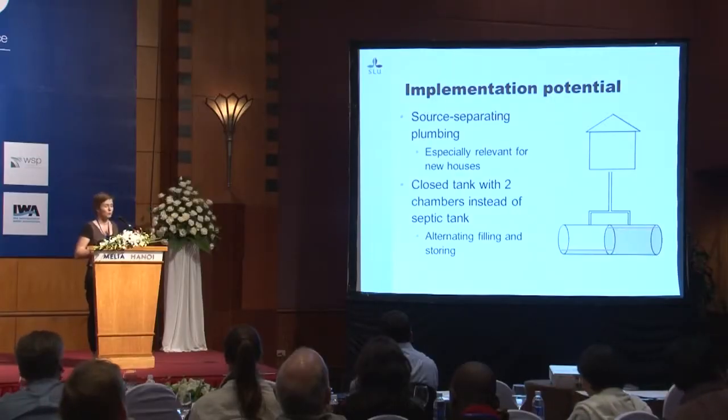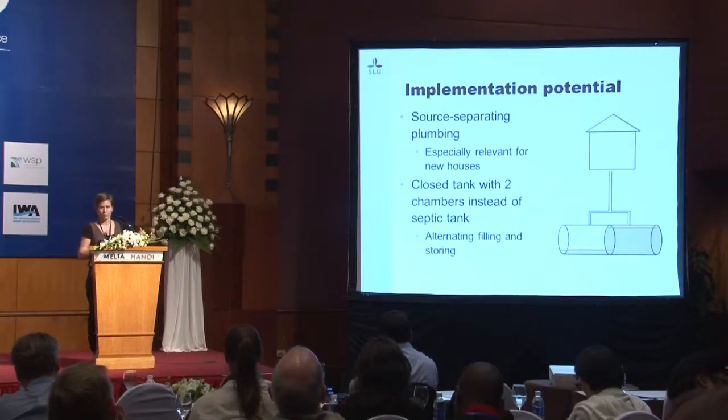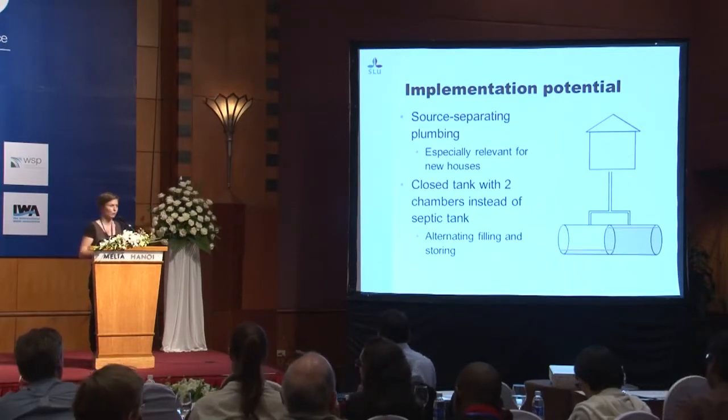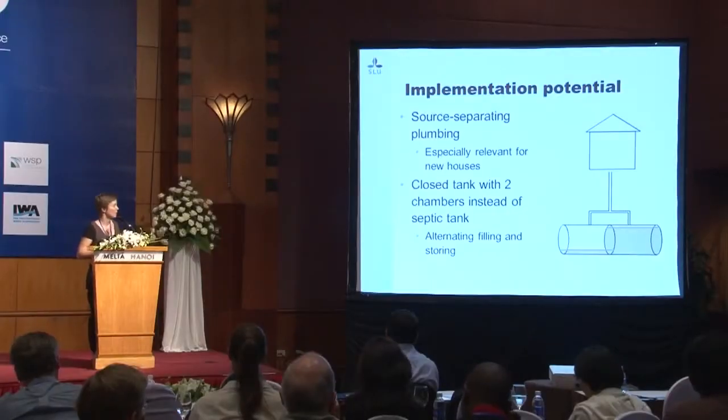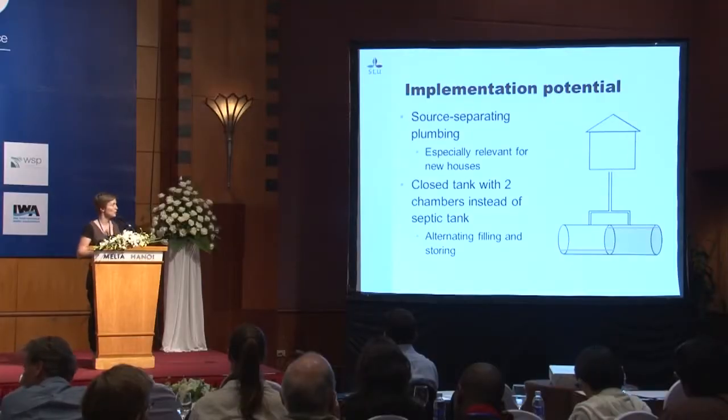And especially when you build new houses, even if you don't implement this immediately, you could do separating plumbing. And instead of having a septic tank, it could be closed holding tanks with 2 chambers, so you could alternately fill one and then treat it while you fill the other, and reuse the nutrients.